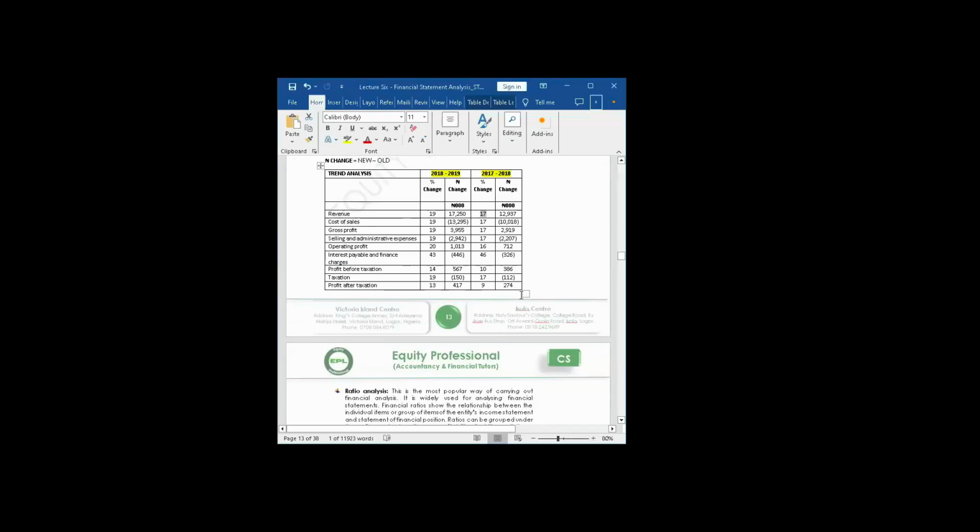Okay, I think we did not do that, right? Okay, so here it is. Here is how to make your comment on trend analysis.